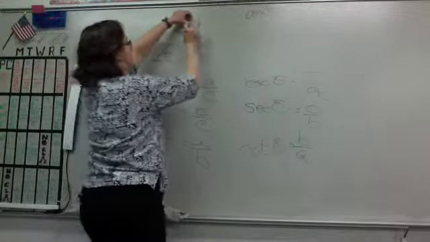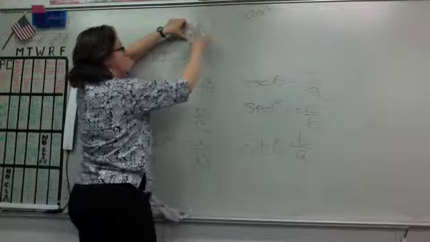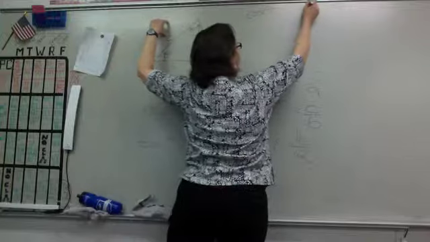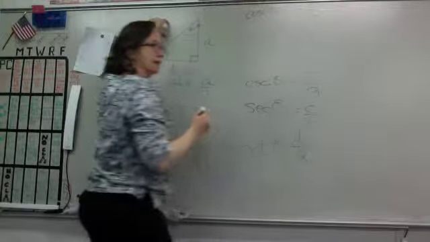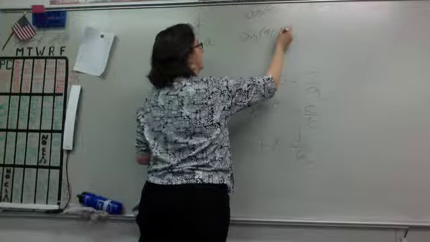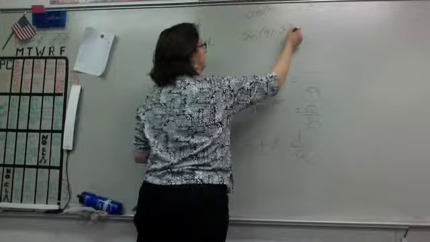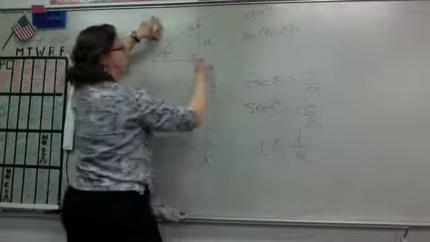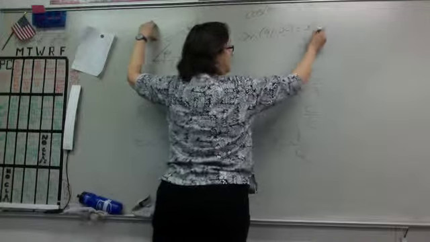And the cosine of this one is going to be what? Adjacent over hypotenuse. It's going to be A over C, isn't it? And the sine of 90 minus theta is going to be what? Here's my angle, opposite over hypotenuse, or B over C.